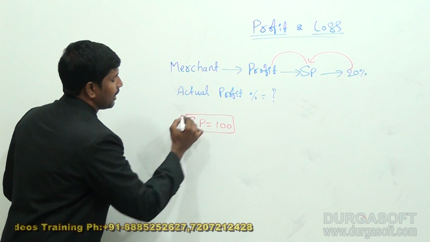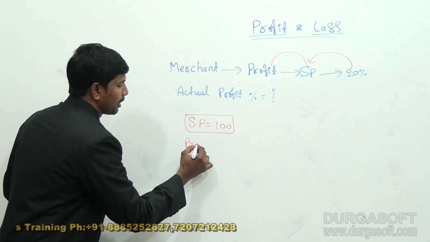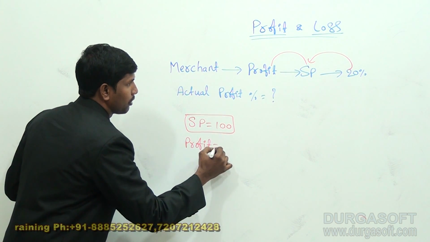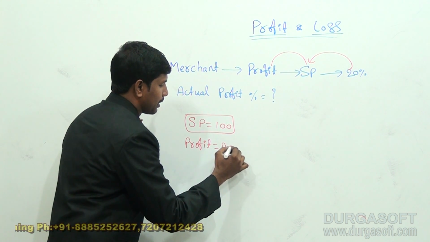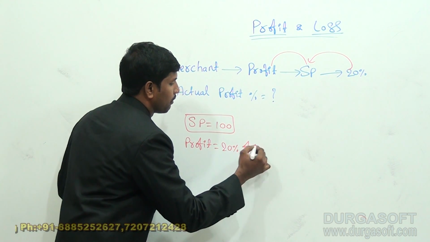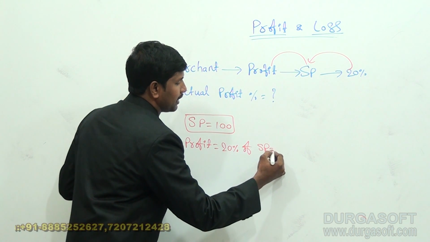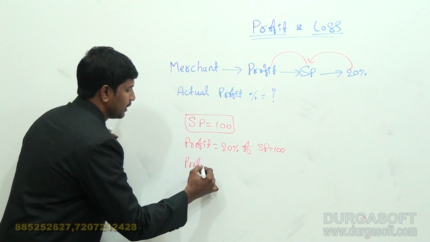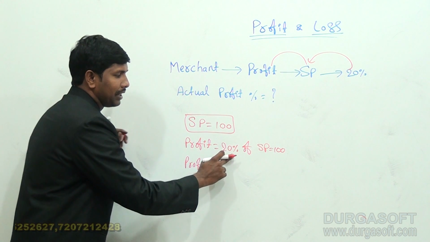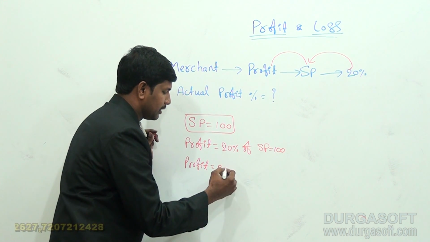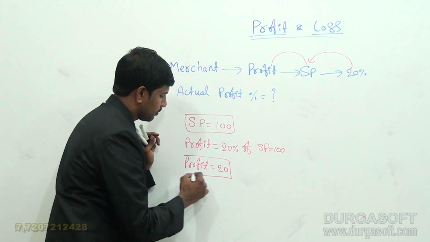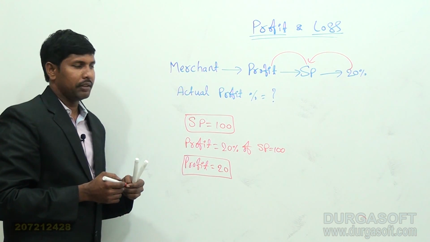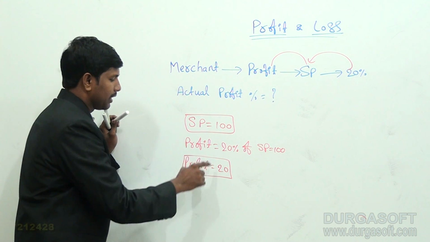If I take the selling price as 100, I know that profit is equal to 20% of the selling price, which is 100 in this case. So my profit is 20% of 100, which is simply 20 rupees.